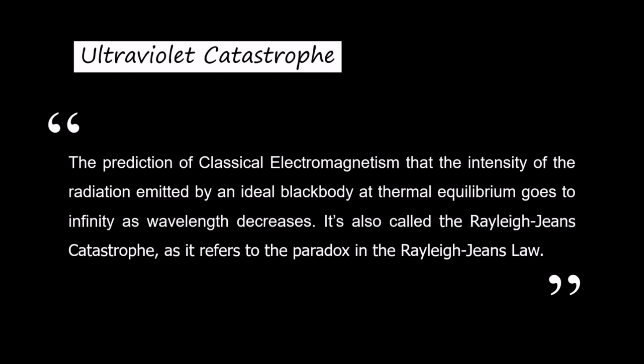The ultraviolet catastrophe can be defined as the non-persisting behavior in classical physics between observations and predictions.